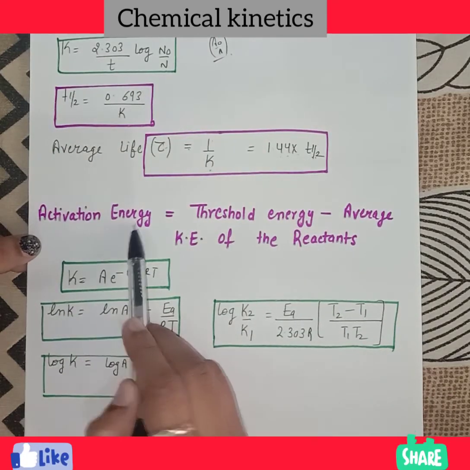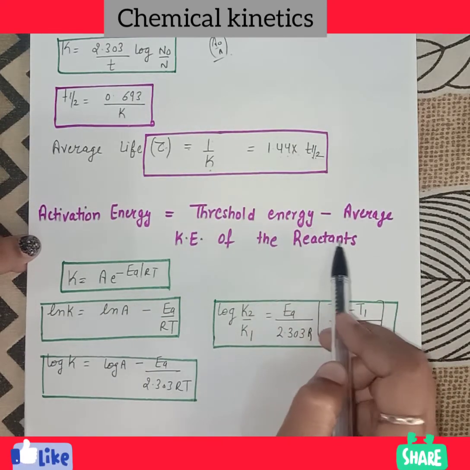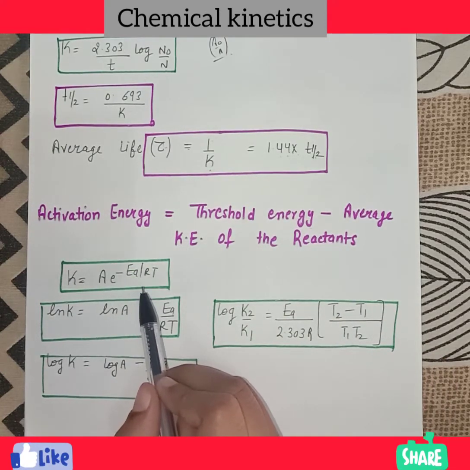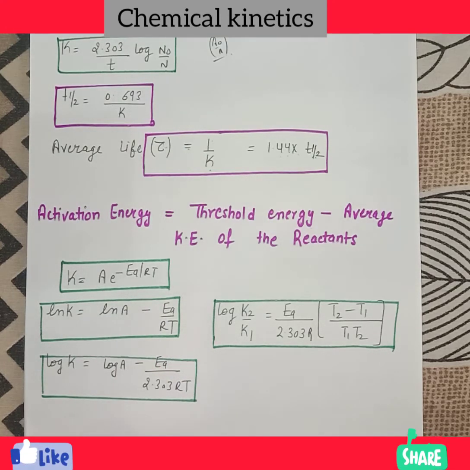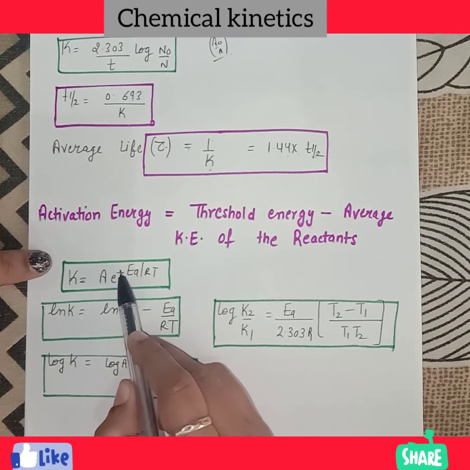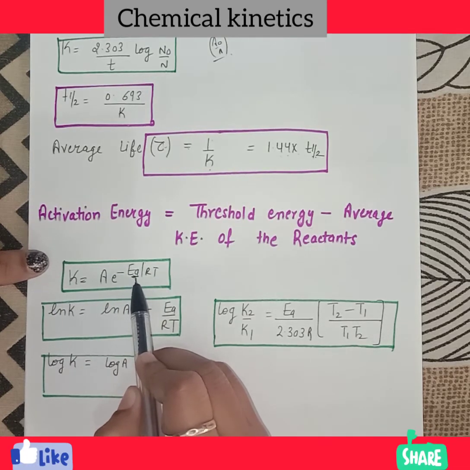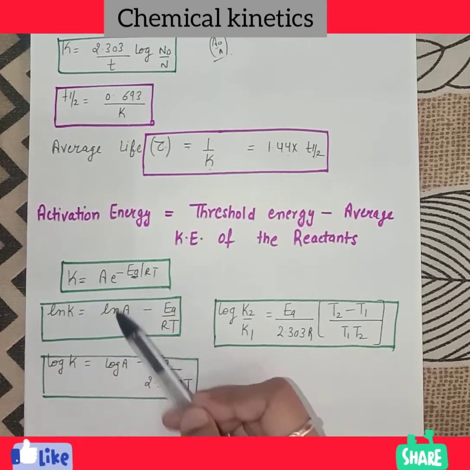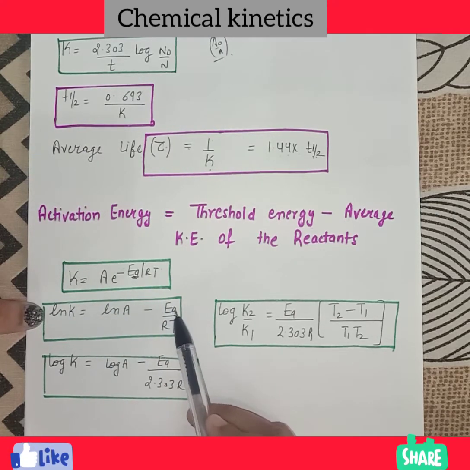Activation energy is equal to threshold energy minus average kinetic energy of the reactants. This is the Arrhenius equation, a very important equation, because lots of numericals come from this equation. K is equal to A e to the power minus Ea upon RT. Here Ea is activation energy and K is the rate constant. If we take log on both sides, then ln K equals ln A minus Ea upon RT.